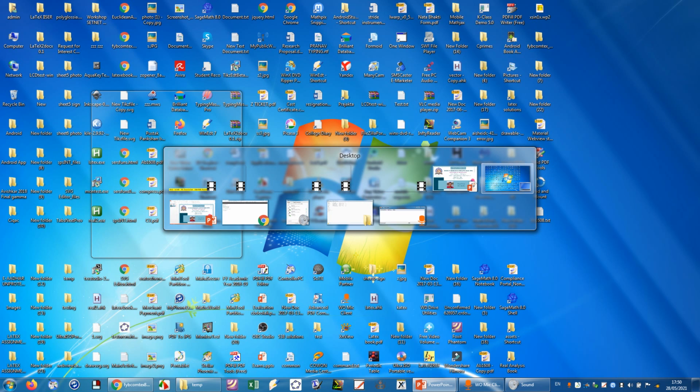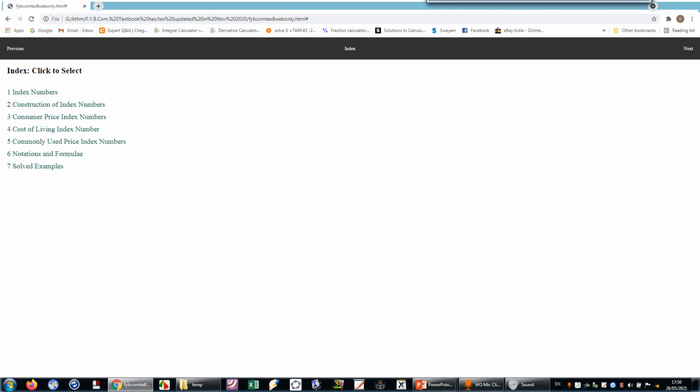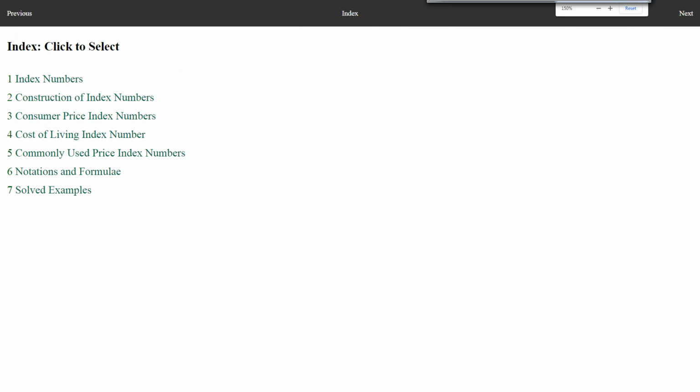Let us see the outline of topics that we will be studying in index numbers. First we are going to see what are index numbers. Then we will see construction of index numbers. After that, we will see consumer price index numbers, cost of living index numbers.